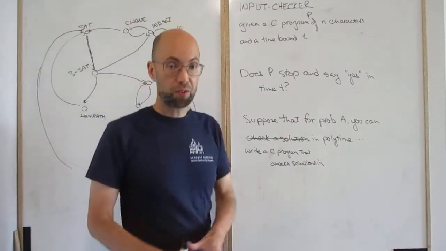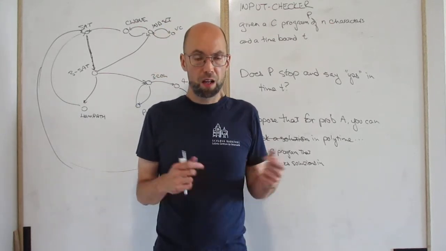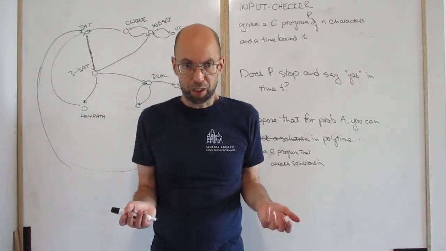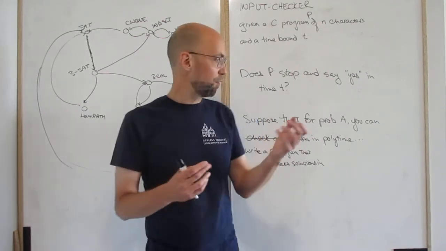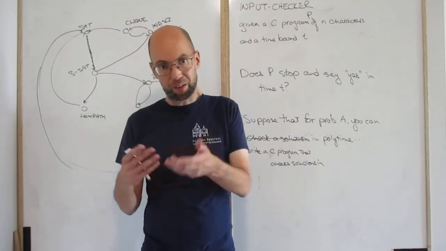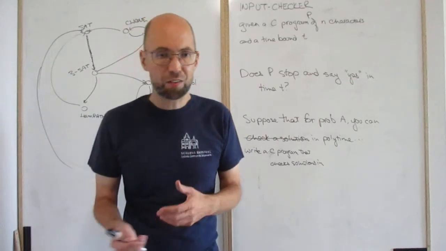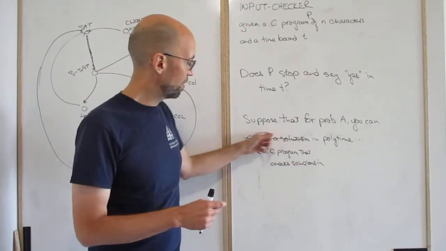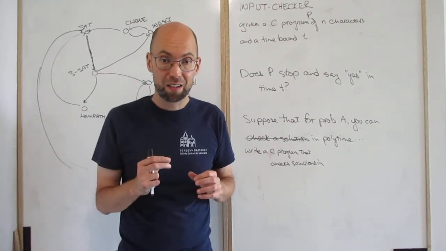Okay, so what you're going to do, given an instance of A, you turn it into a program. That's going to take polynomial time, right? And we hope that if you can check it in polynomial time, that means you can write the program in polynomial time. The program is polynomial size. And then you can work out the time bound that the program is going to need.